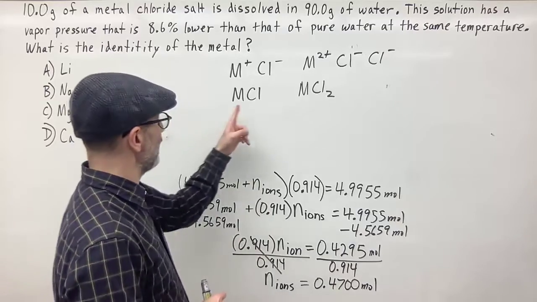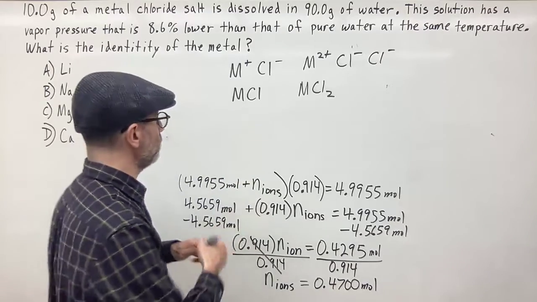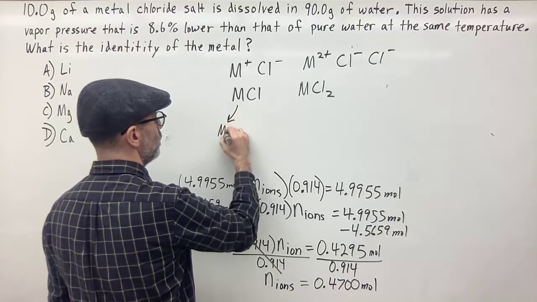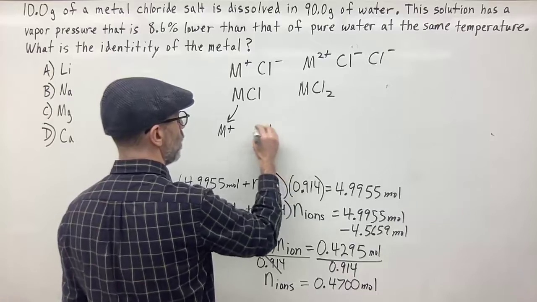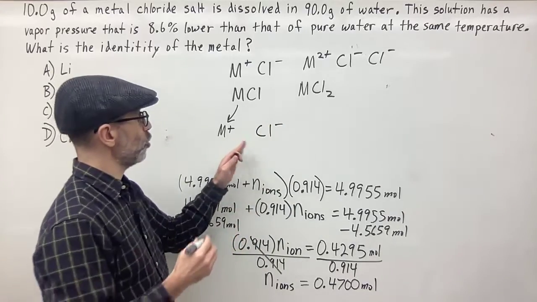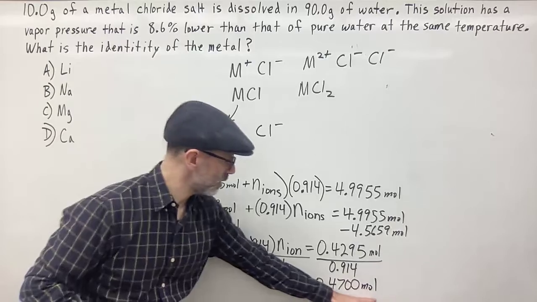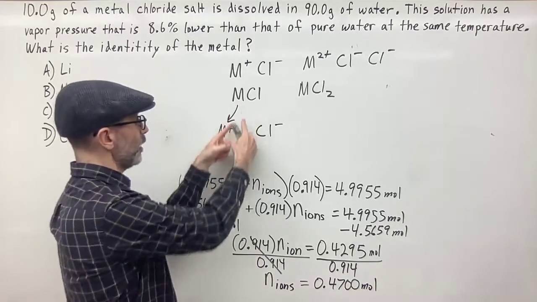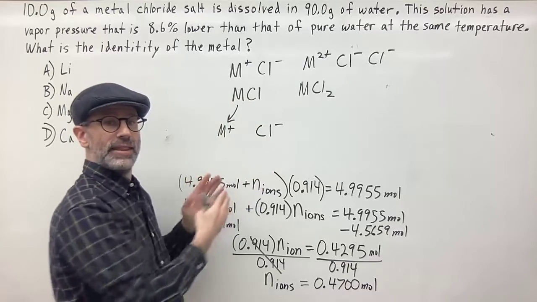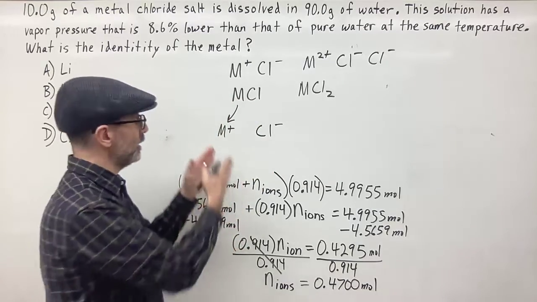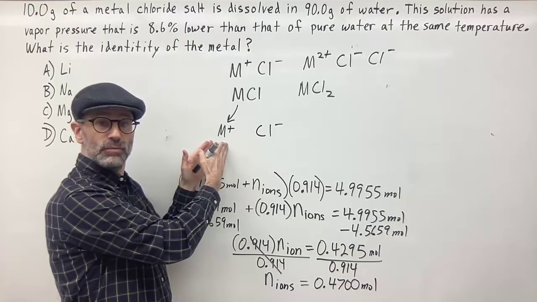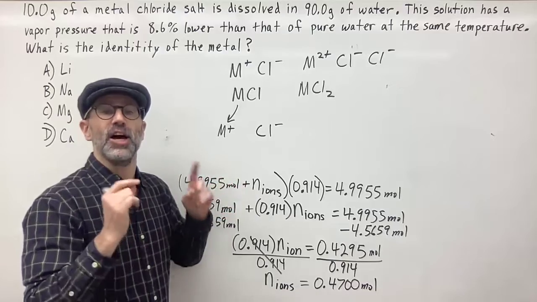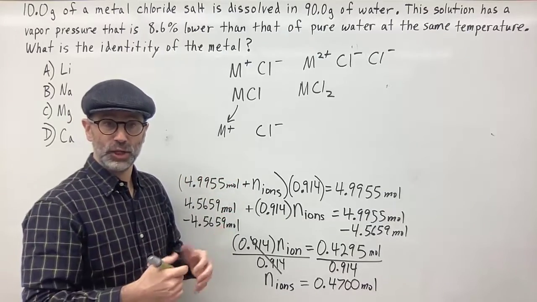So if this is the case, then when you dissolve this in water, you're going to get M plus and 1 Cl minus. So if this is the moles of all of the ions, then if this breaks up into these 2 ions, then half the moles of the ions is going to be the metal, right? So let me remind you that we're trying to find the molar mass of the metal, right?